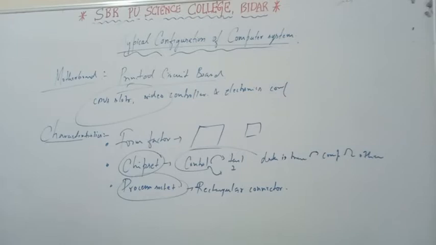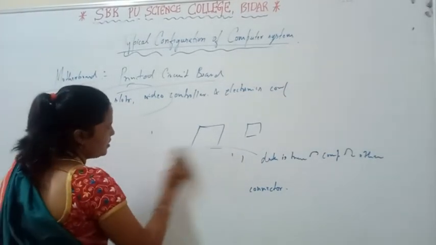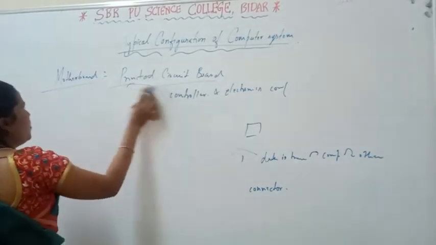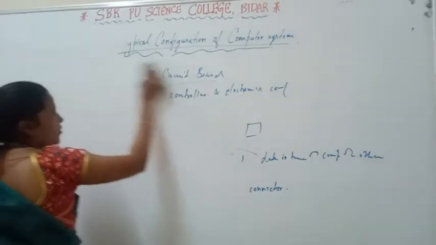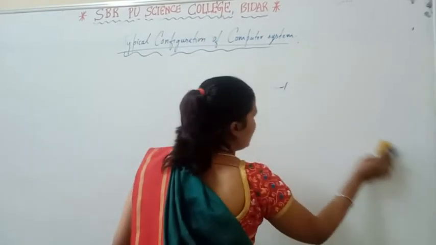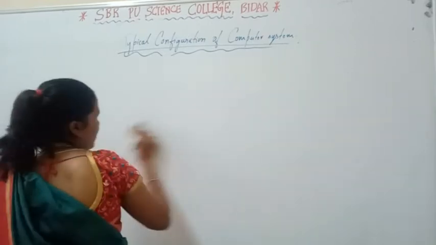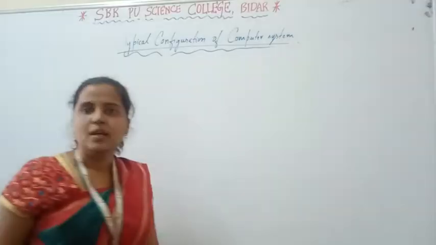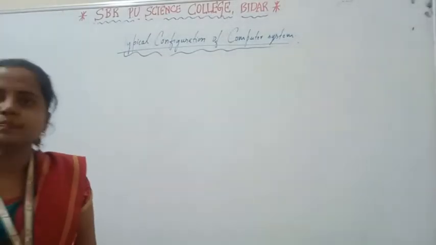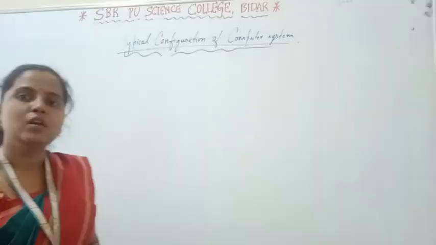Many small devices or components can be connected by this processor socket. So this is the characteristics of a motherboard. The motherboard is a PCB, printed circuit board, and it contains various electronic components, including CPU and video controller and all.